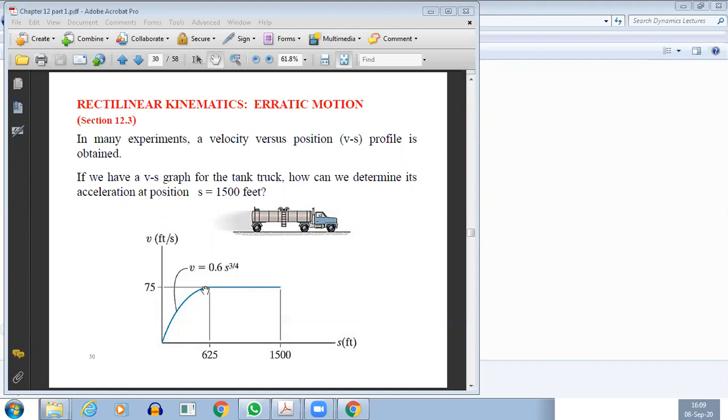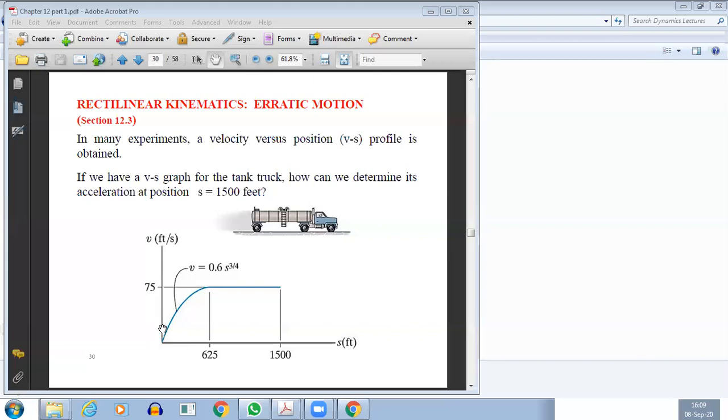After a certain distance has been reached, for the remaining distance the velocity remains constant. So this motion is erratic because it cannot be defined by a single equation. We need to divide it into multiple stages, and for each stage you can have a single equation, but the whole motion from start to end cannot be put in a single equation.